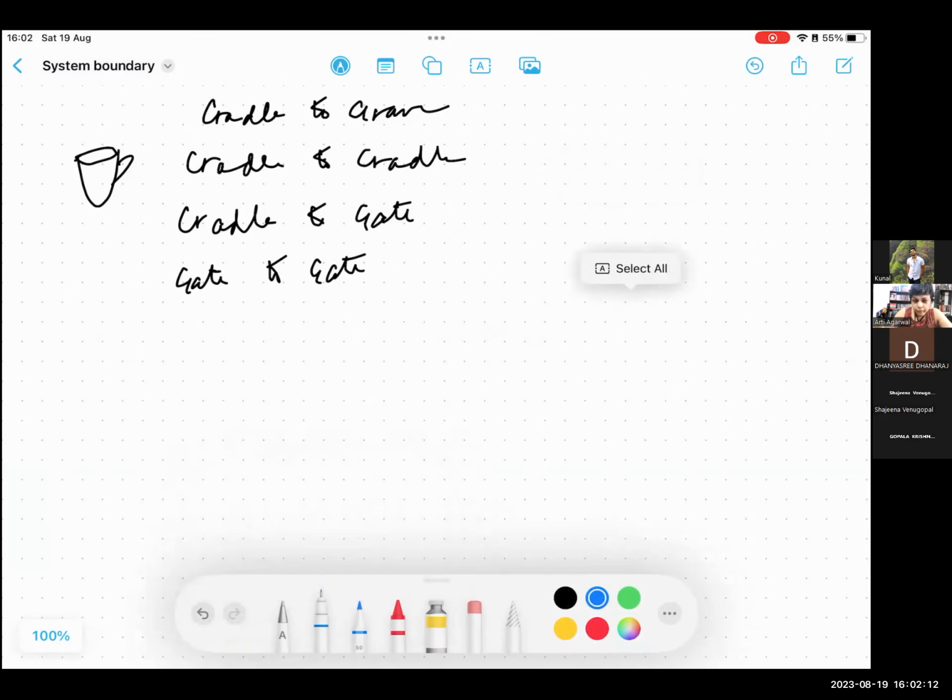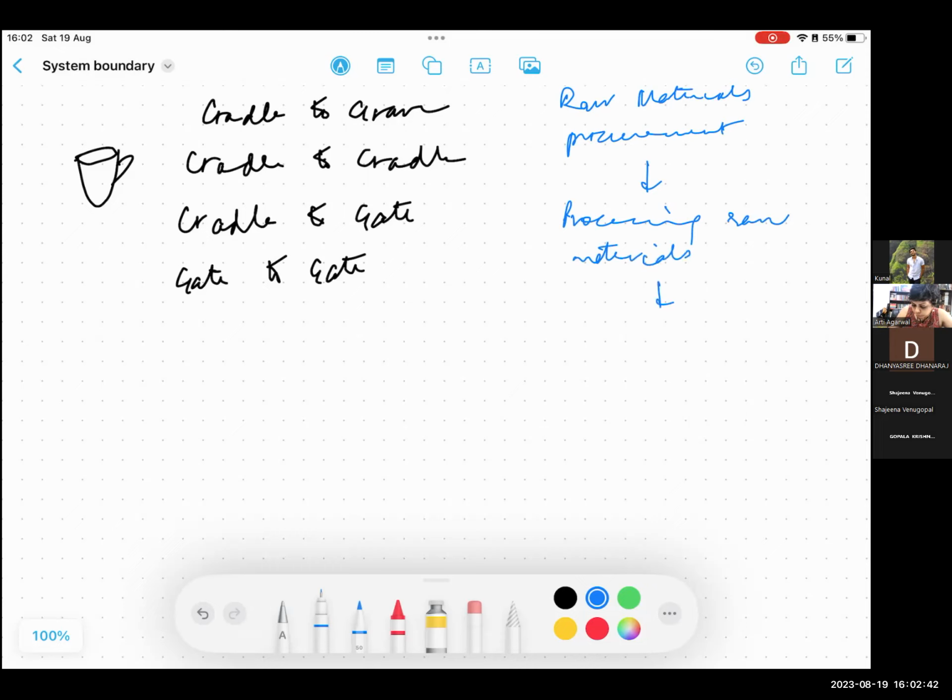So suppose it is cradle to grave. That is pretty simple: everything from birth to death. So you have raw materials procurement, and then processing of raw materials, then you assemble or make parts.